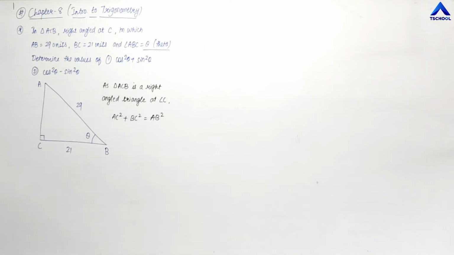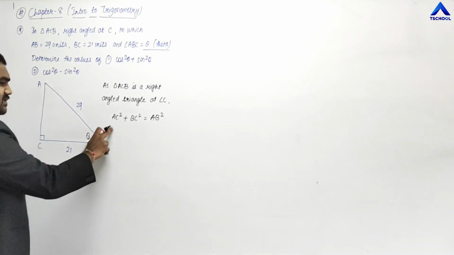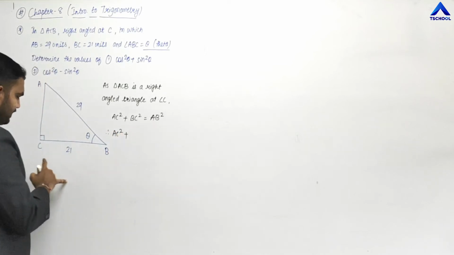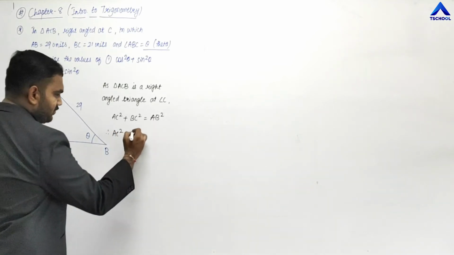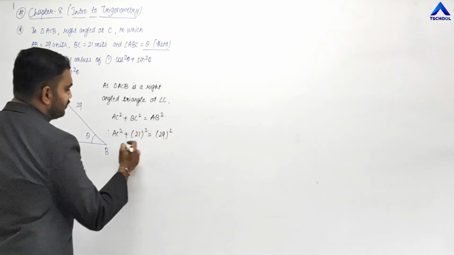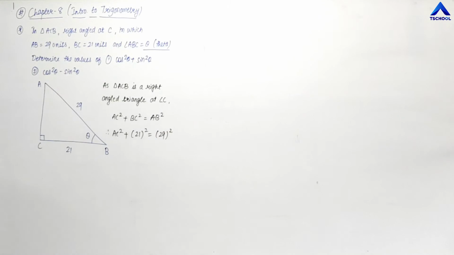This can be written using the Pythagoras theorem, that the sum of the squares of the sides making the right angle is equal to the square of the hypotenuse. AC is not given. Therefore, AC square plus BC square, that is given, 21 square, equals AB square, that is 29 square. Is it clear?